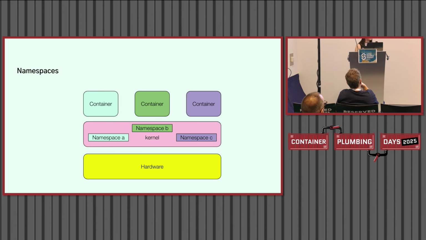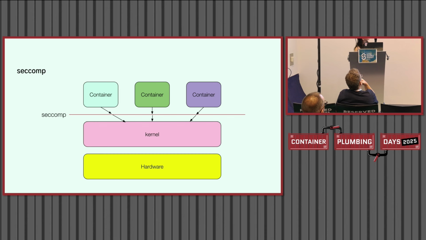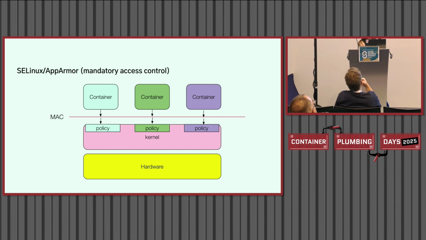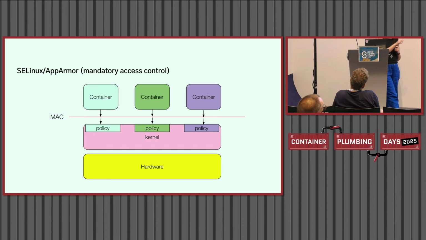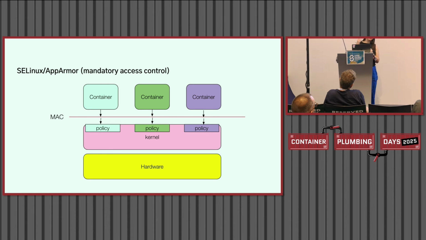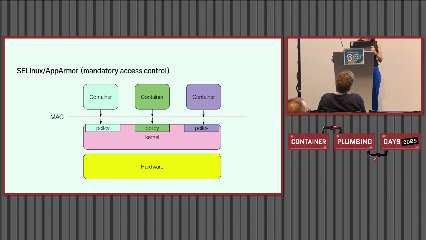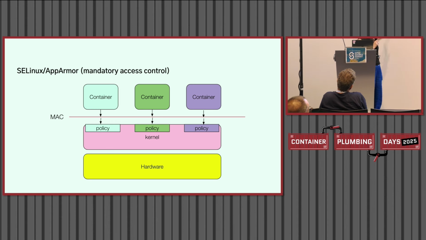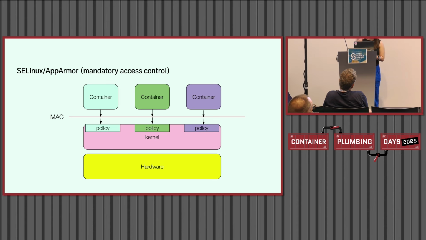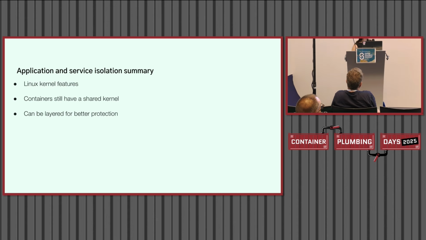Because on its own, the container doesn't do it, but if you add things like namespaces, cgroups, seccomp, capabilities, and SELinux or AppArmor, all of these work in different ways to provide access, so the different resources are seen differently by different containers. So if you have specific files, specific capabilities, specific anything like that you want a container to access, the combination of all these technologies gives you an isolated view. Obviously, they each do individual things, but this is our summary.